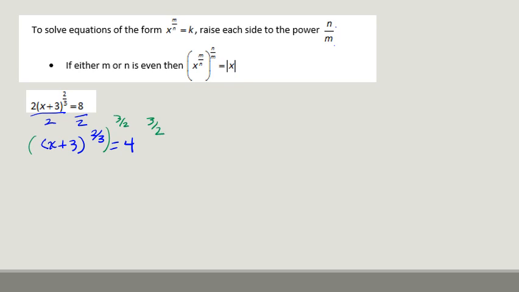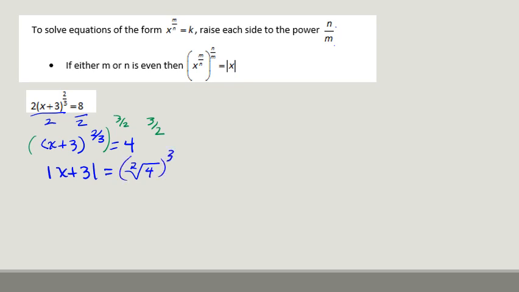Okay, when I do that, we're going to be left with the absolute value of x plus 3 equals 4 to the 3/2. 4 to the 3/2 is the same as the square root of 4 cubed.